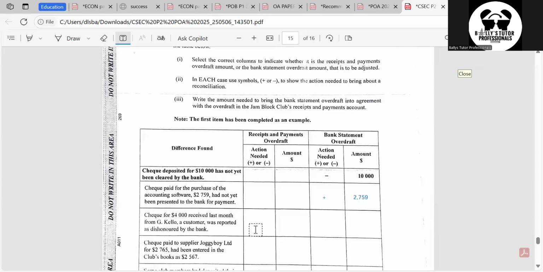If it's money that we pay out, we'd minus, right? So when we received this money, we'd have added it to our cash book balance. But now that we realize it was dishonored, we have to take it out. So we're going to minus 4,000.